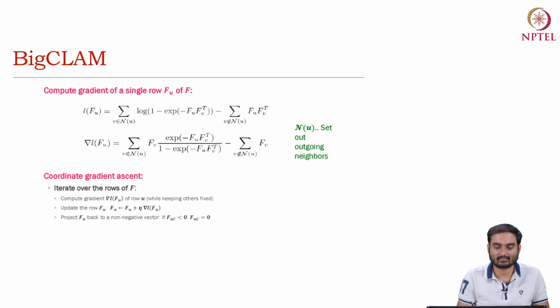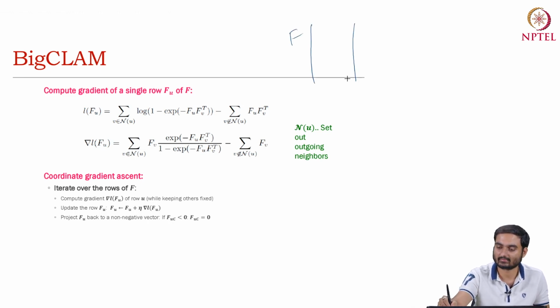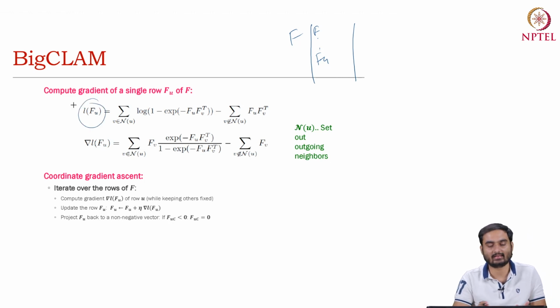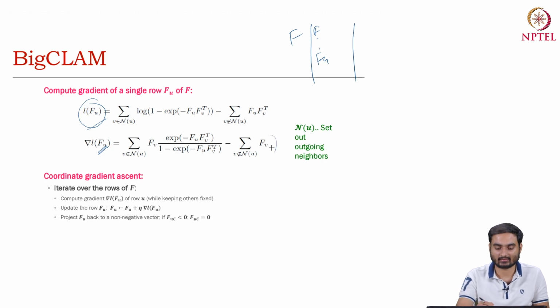How do we maximize it? And what are the parameters with respect to which we maximize? The parameters are this F matrix. Okay, we have F1, F2, so Fu is basically one such thing. So we take the gradient, we'll use gradient ascent algorithm because we are maximizing it. We take the gradient with respect to Fu, and then we update Fu with respect to every gradient, right.